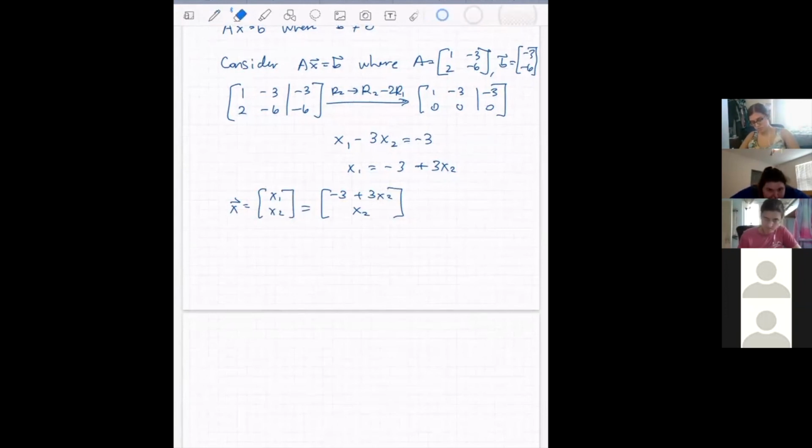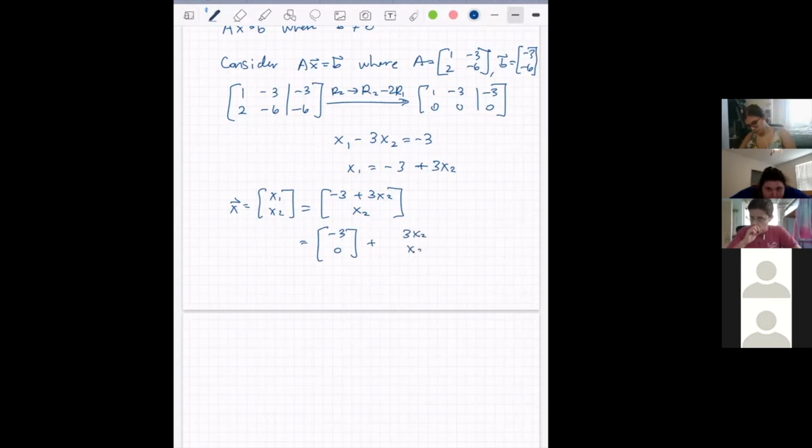So here we would get -3, 0 plus the vector containing the terms involving x2. And again, we'll factor out that x2 so that we can write it like this.